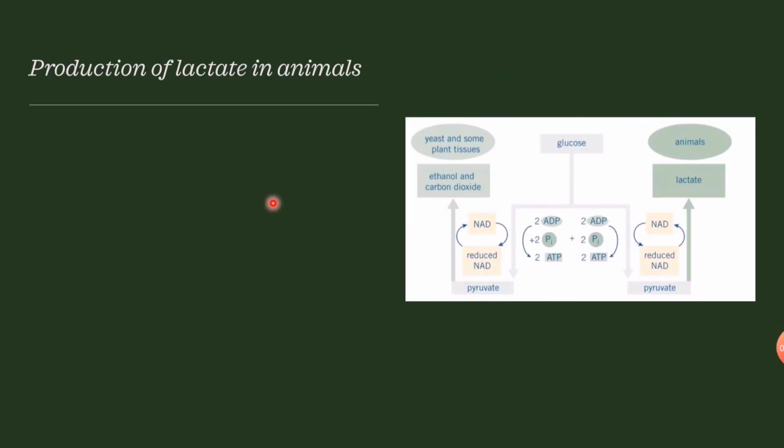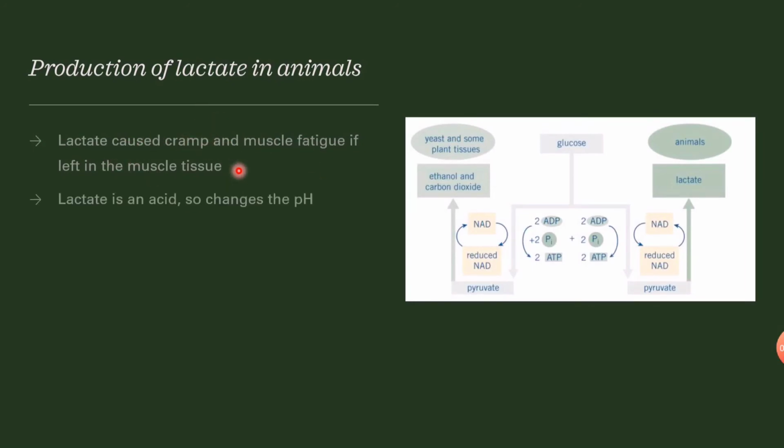So why do we need to oxidize our lactate back into pyruvate? Well, it's because lactate causes cramp and muscle fatigue if left in the muscle tissue for too long. This is because lactate is an acid, and this means that it changes the pH. It makes it more acidic. It lowers the pH.